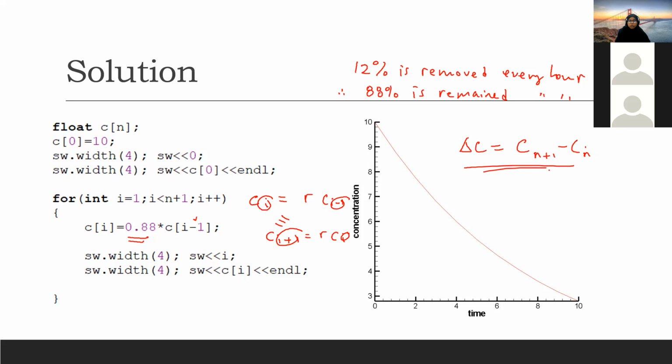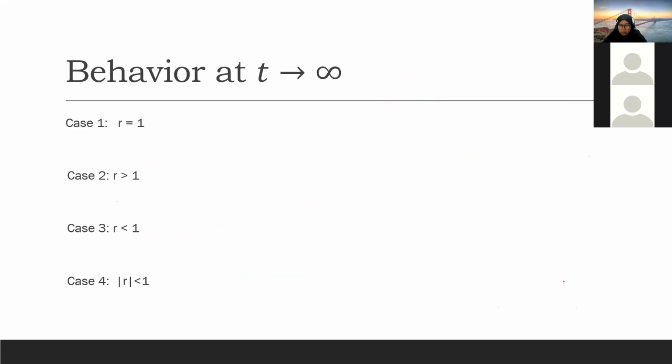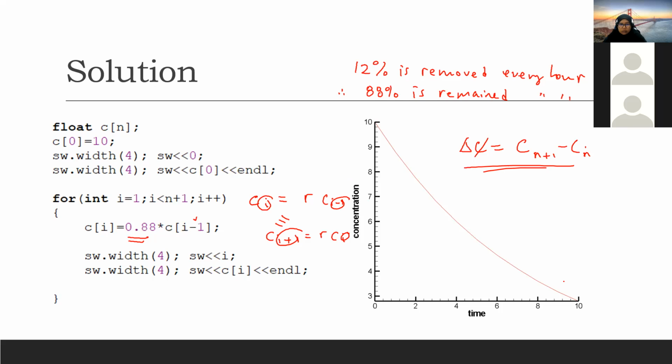So whichever one you start with is not a problem. Okay. All right, now you can see that after 10 hours it will go to almost 0. Okay, any question on this?